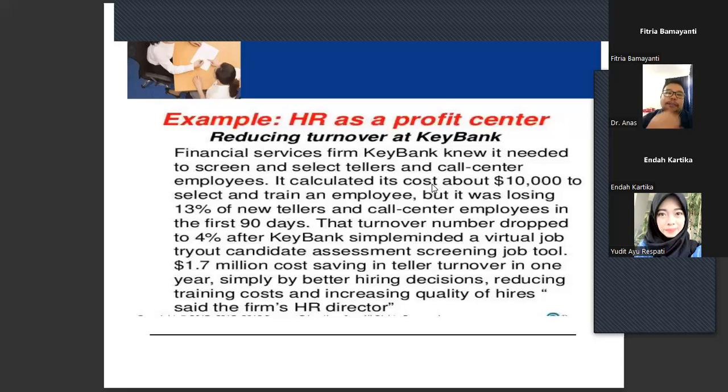So this is an example of how the human resource department will be influenced by the top management to get the real, solid employees for the hire. Okay, not only to just pick and drop something like that.